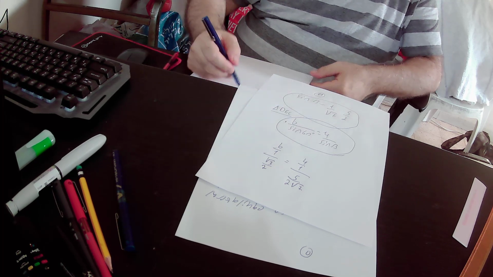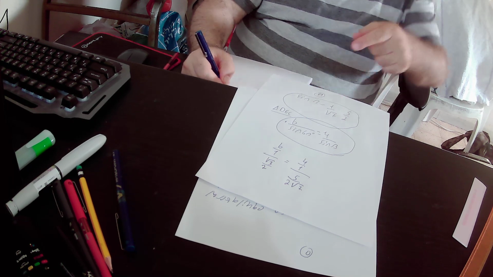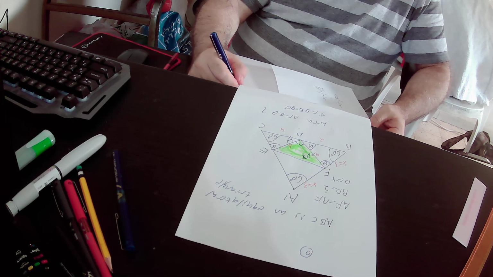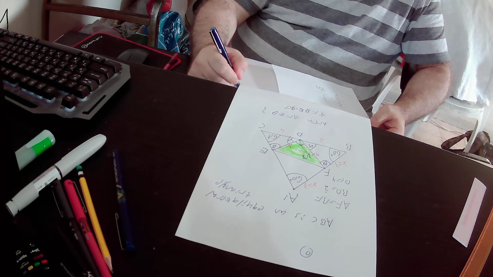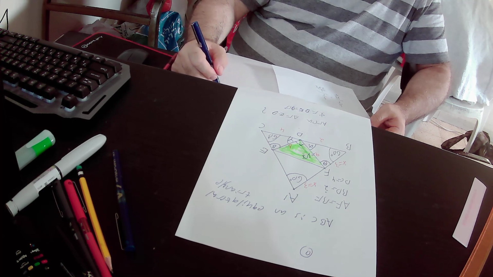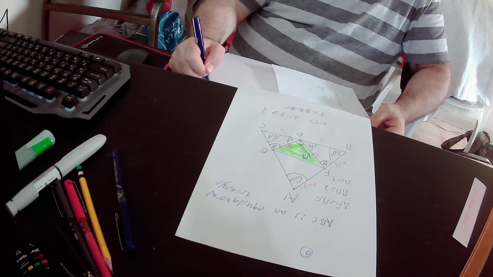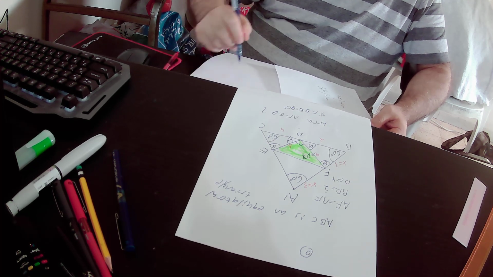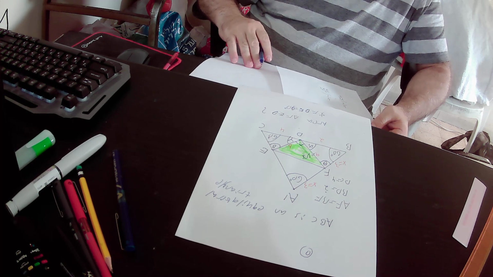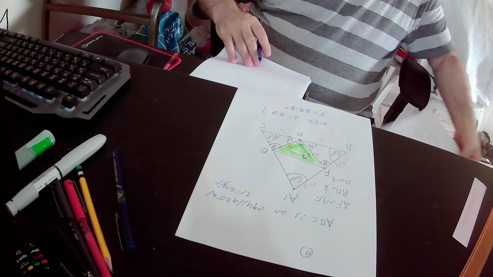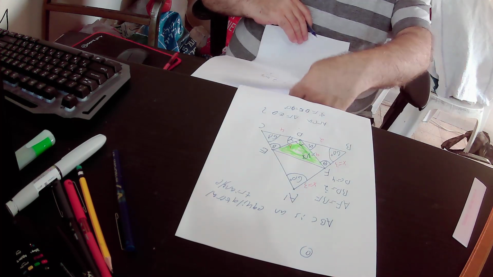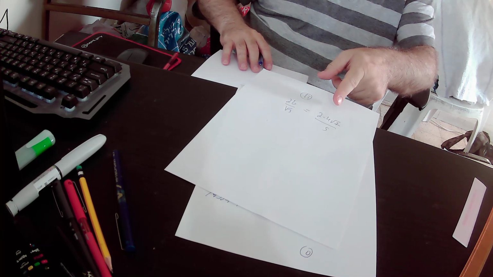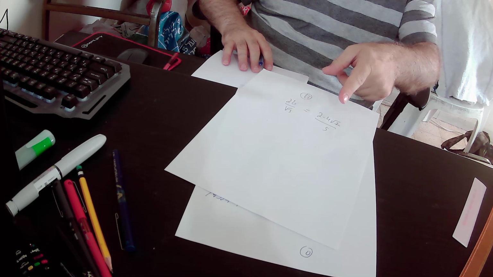Here we will do the simple arithmetic, and we will find out that 2b over root of 3 equals 2 times 4 times root of 7 over 5.